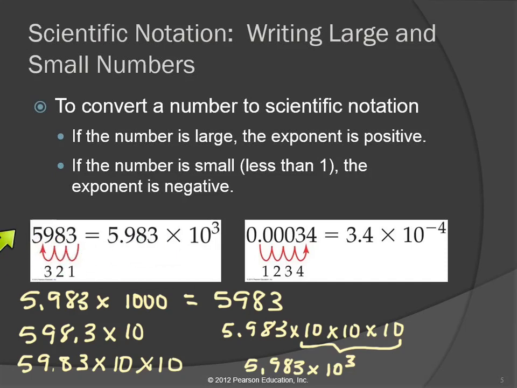I look at this number, 5,983, and I ask myself, is that a big number or a small number? That's a big number, right? Look at this one. Is this a big number or a small number? Small number. Okay, so big number. How do I feel about big paychecks? I feel positive about a big paycheck, right? Big number, positive exponent.